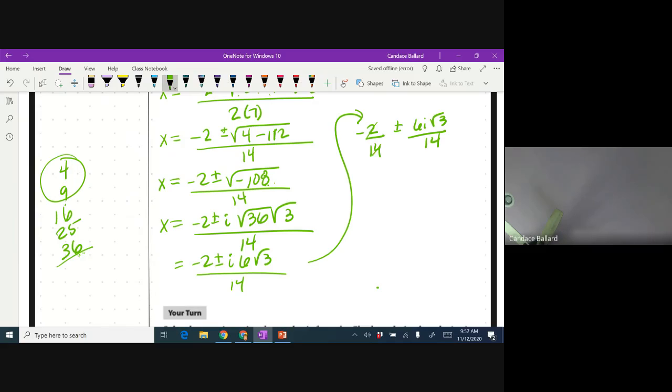And then 2 goes into 14 7 times, so we've got negative 1/7. 2 goes into both 6 and 14, into 6 3 times, and into 14 7 times. So 3i square root of 3/7. Perfectly good, 100% correct answer. However, you might see it written as negative 1 plus or minus 3i square root of 3 all over one single denominator, 7.